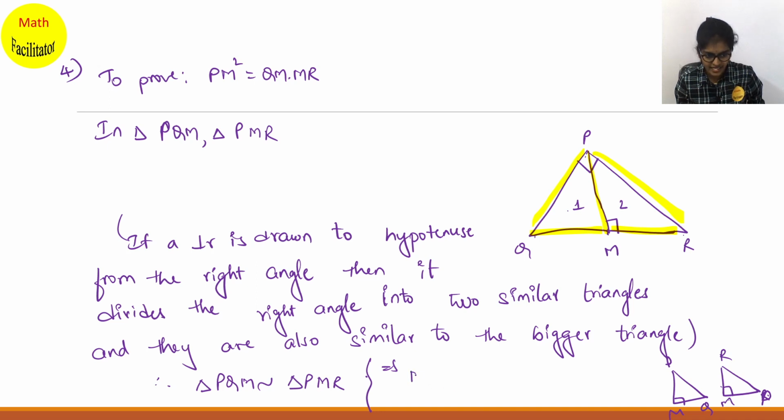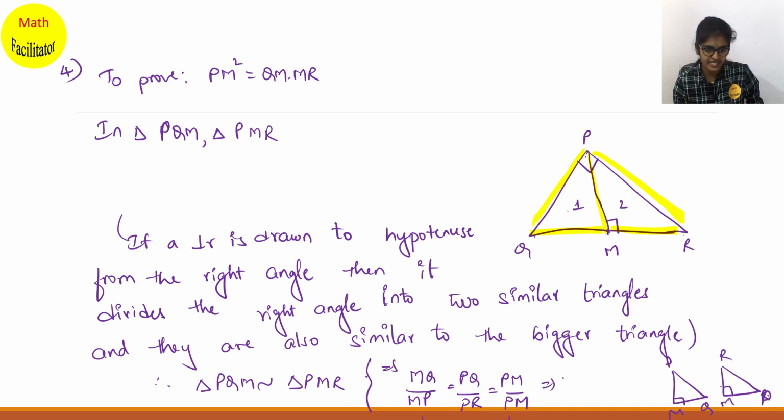Here you can take MQ by MP is equal to PQ by PR is equal to PM by RM. Take these two statements.